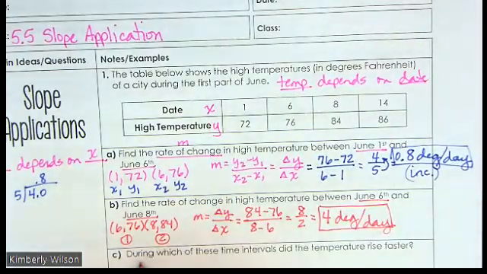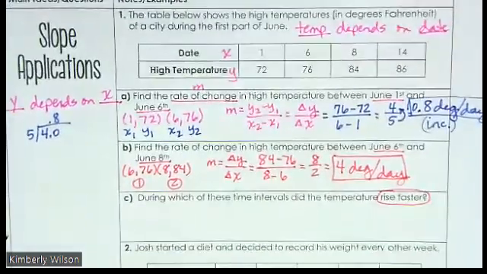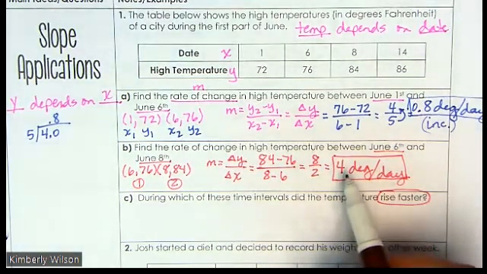Okay, so now it's asking, during which of these time intervals did the temperature rise faster? So it's asking me to compare the two slopes that I've found. Well, 4 is a higher slope.